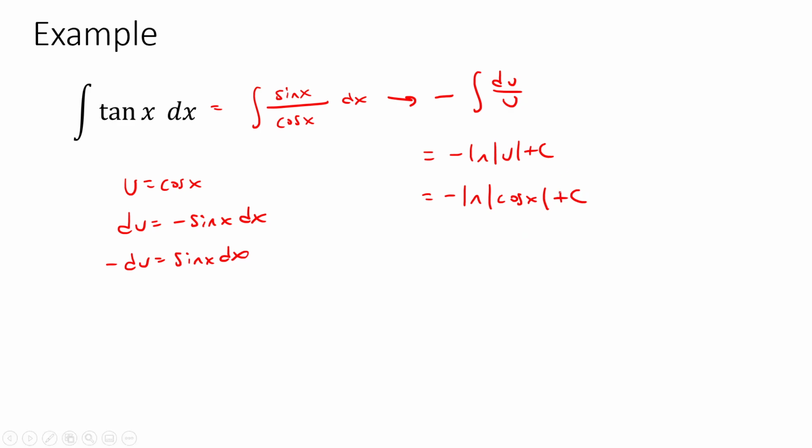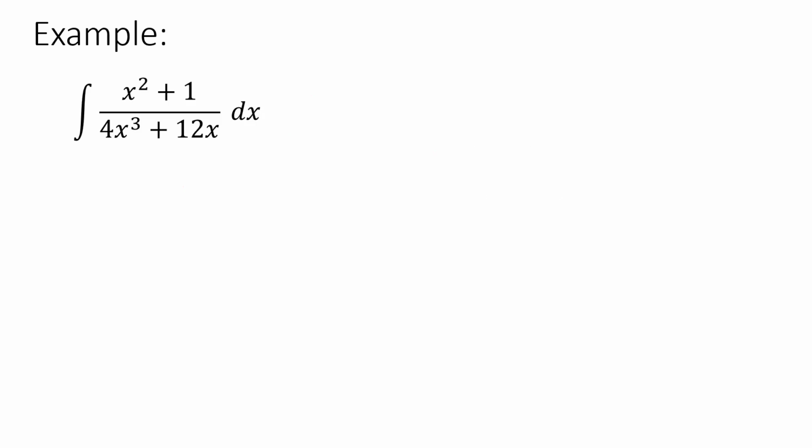All right, one final example for you to try. Again, pause the video if you want. All right, so I let my u be this, and my du, therefore, will be this, which is almost that. If we divide it by 12, that'll work out.